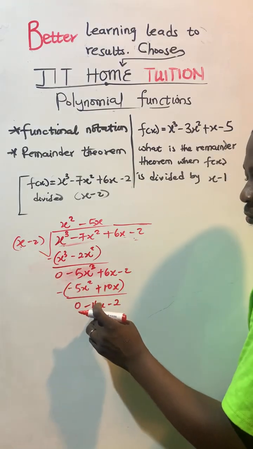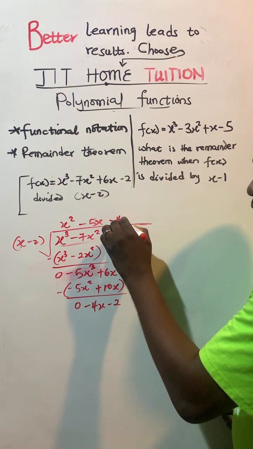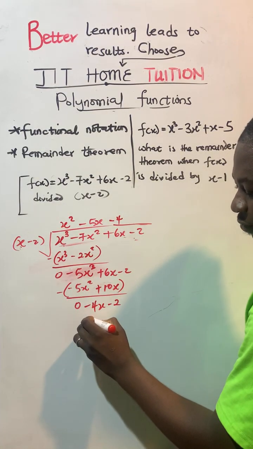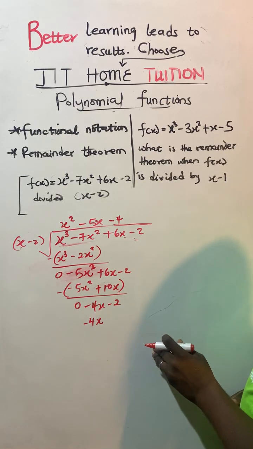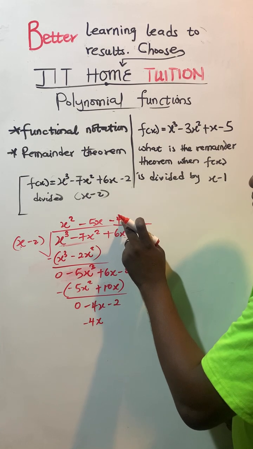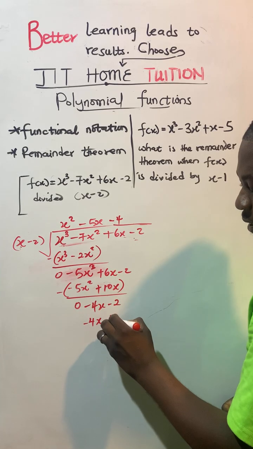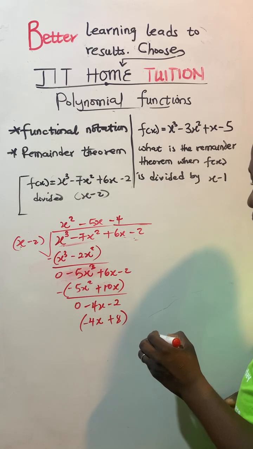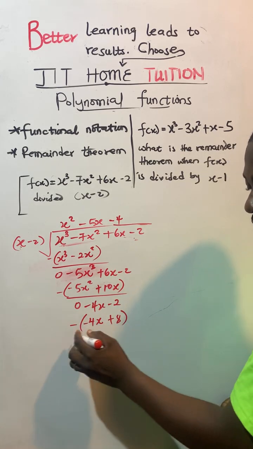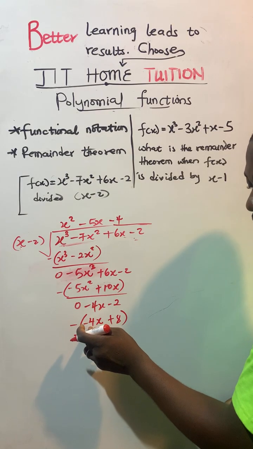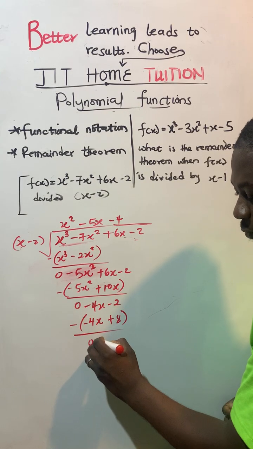The x will come and divide this, giving you negative 4. Then you multiply negative 4 by x, giving negative 4x, and negative 4 will multiply this, giving you plus 8. All right, so you introduce the negative again because you are subtracting. Positive plus this, and that will give you 0.